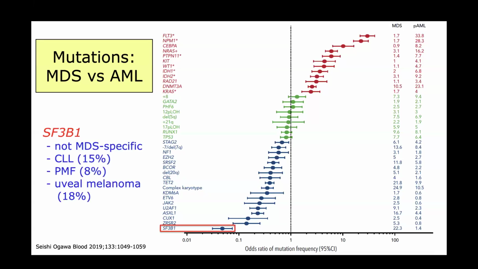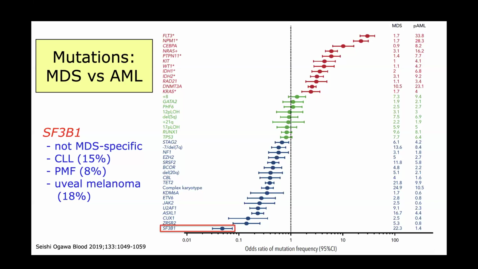But one has to be careful. SF3B1 is certainly not specific for MDS, and it alone cannot be used to diagnose MDS. Indeed, it's one of the more commonly mutated genes in CLL, roughly 15% of patients with CLL, obviously a completely different hematologic malignancy affecting lymphocytes, B cells and not myeloid cells, and is a chronic neoplasm as well.